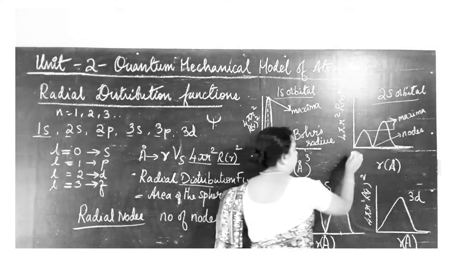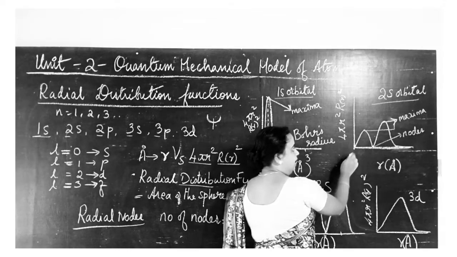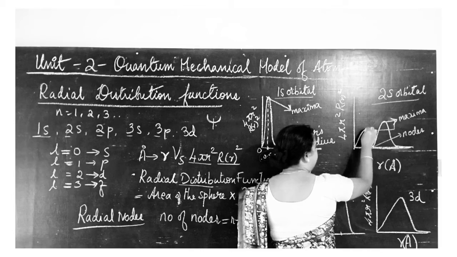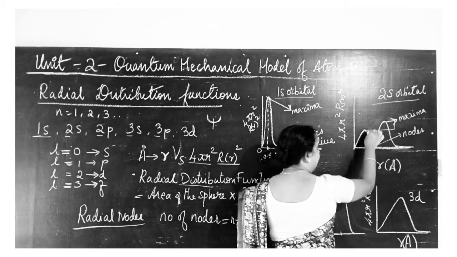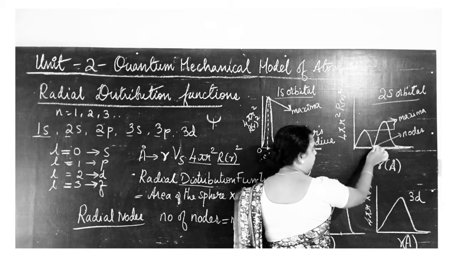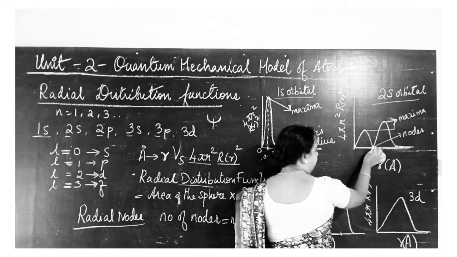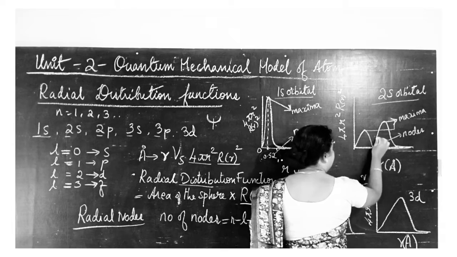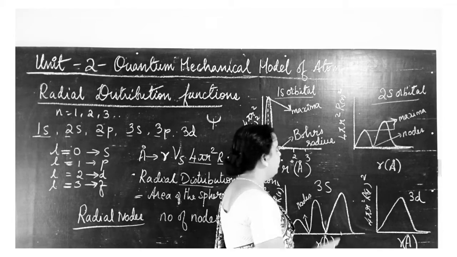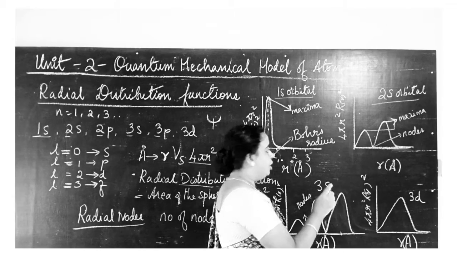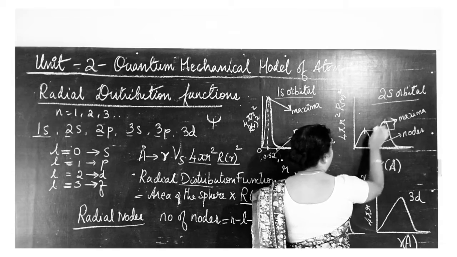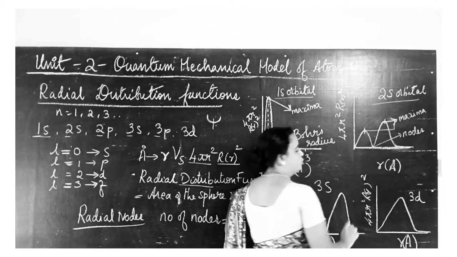Here you can see the curve starts from 0, goes to a maximum value, and then as the radius increases, it comes down and touches 0, and then again goes up to a maxima and comes down. So in the case of 2s orbital, you can see two maxima.